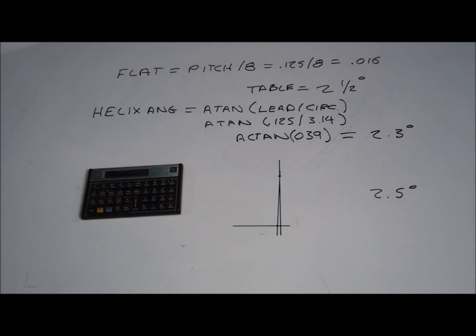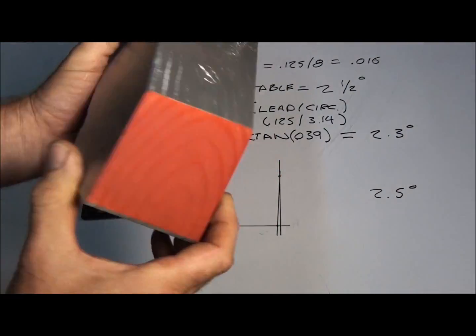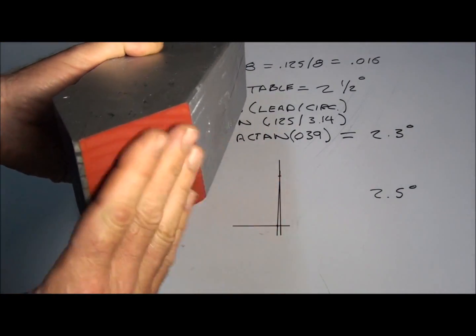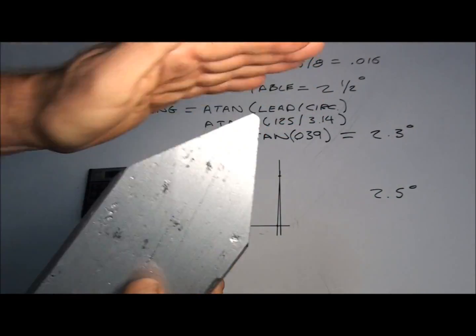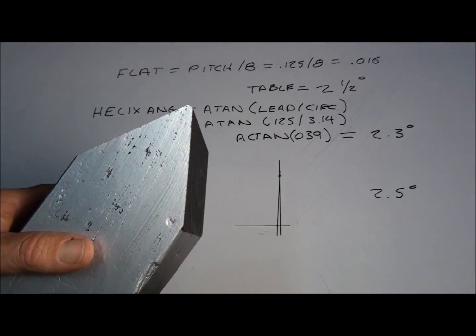Alright, well, let's see here. Now that we know the helix angle of the thread, let's take a look at what we need to do with it and our trusty giant tool here. We have to take that helix angle and add it to the lead cutting edge angle, or the lead clearance angle on the tool, and subtract it from the trailing clearance angle.